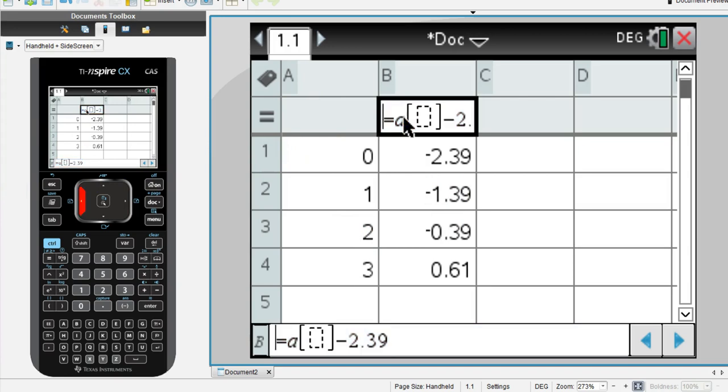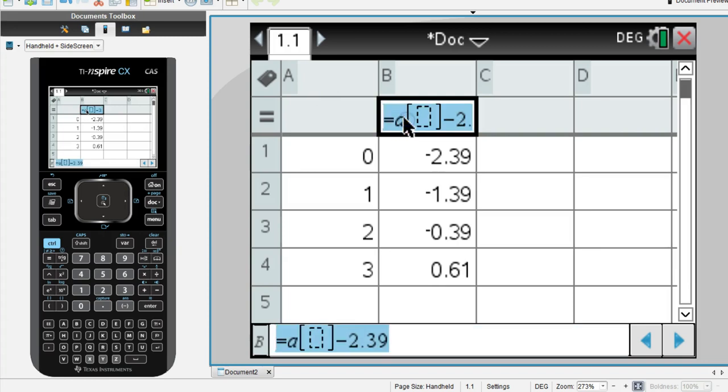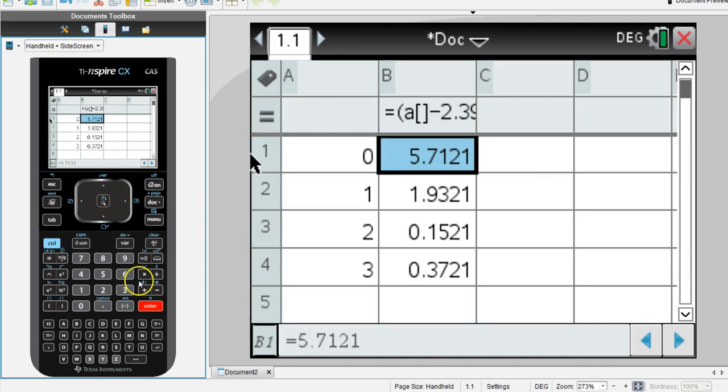We got to take all those and square them. So if I put it in parentheses, I could take that group and square them at the same time. Same numbers, they're just now squared, right?